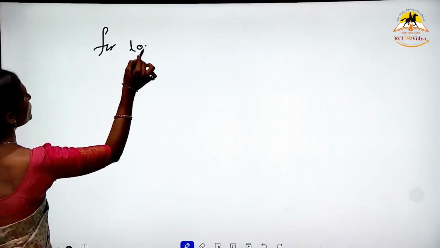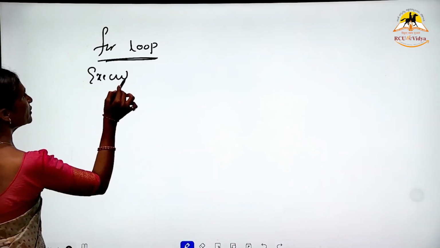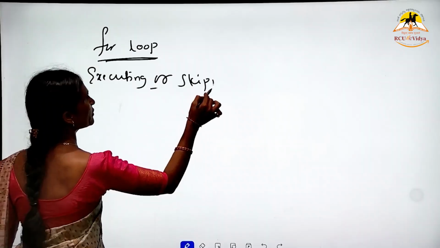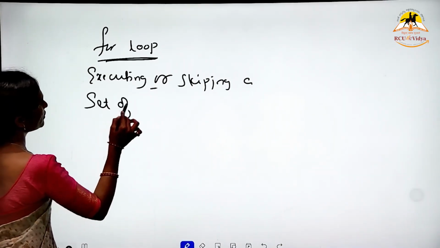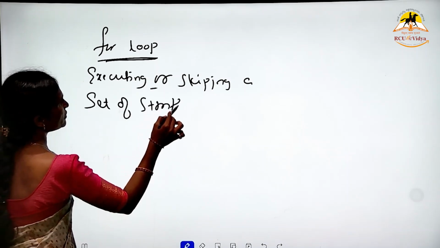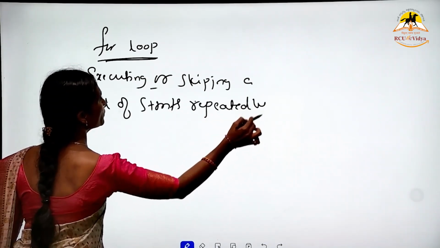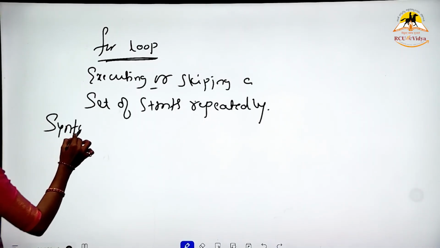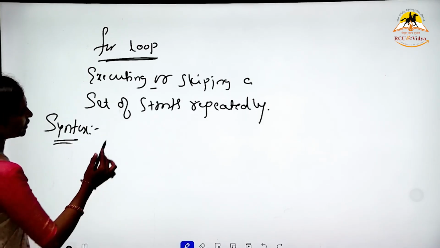So let's take the for loop. For loop means executing or skipping a set of statements repeatedly. Okay, that is called looping. So, the syntax. As I mentioned, the looping must contain three things.